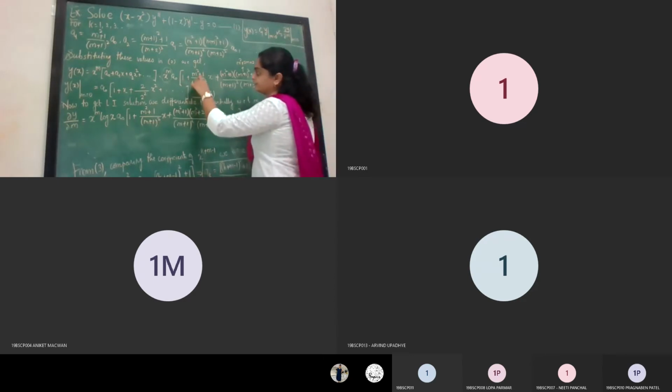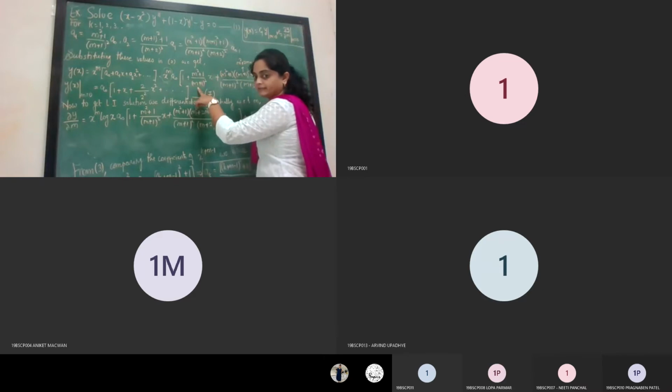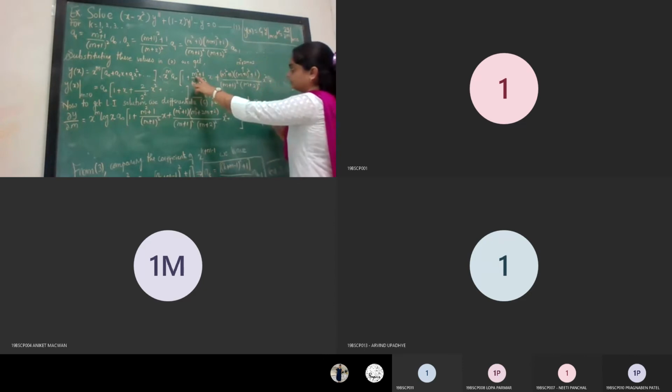So the derivative of 1 is 0. Then when you consider the derivative of this, the division rule will be applicable, f upon g. So the derivative of f, g as it is, minus the derivative of g, f as it is, upon g whole square. So this is now (m plus 1) whole square as it is in this case. m square plus 1 derivative, that is 2m, minus now the derivative of this, so this quantity as it is, that is m square plus 1 into the derivative of this, so the derivative of this is 2 times (m plus 1).